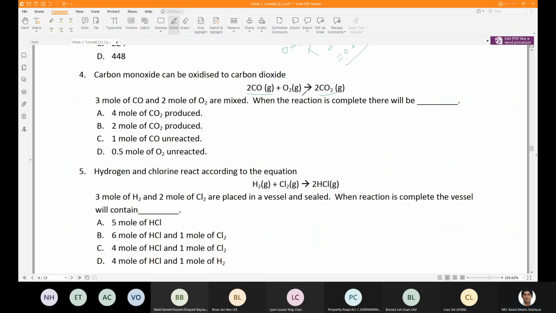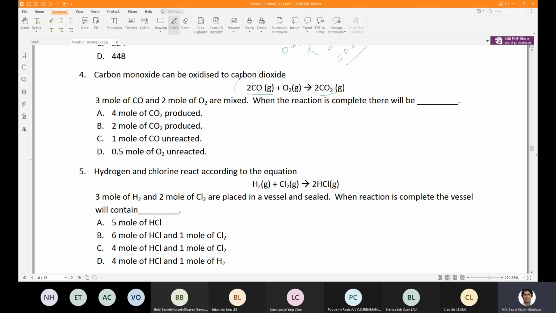So carbon monoxide is being oxidized, and the question says that 3 moles of carbon monoxide and 2 moles of oxygen are mixed together. This is the equation at first, and just like Eric and Bhupati said, we should look at the number of moles.